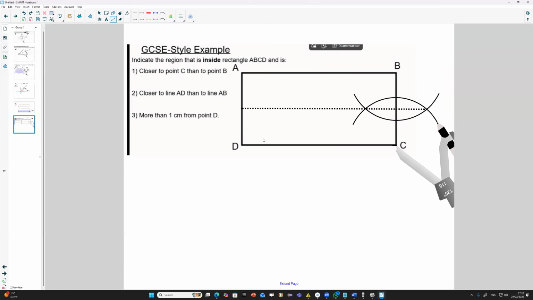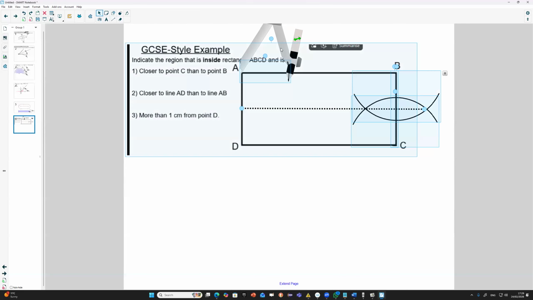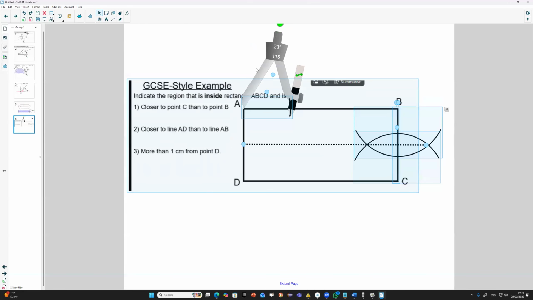Right. And then closer to AD than AB. So again, we do compass on A. It doesn't matter how far open I make it. I draw an arc, and then I'm going to draw another arc, leaving it at the same level of open, on the line AD.